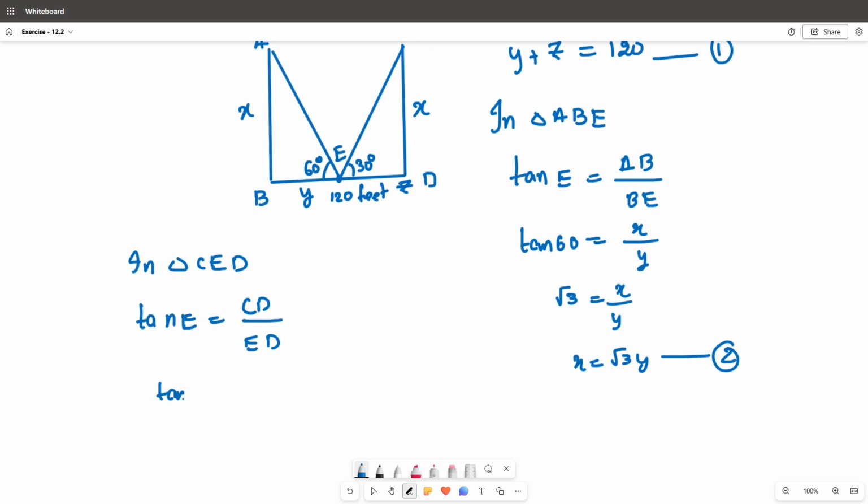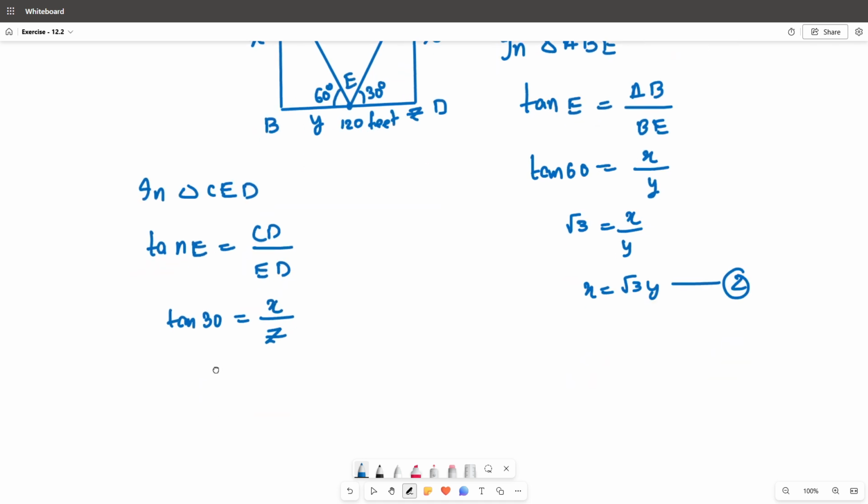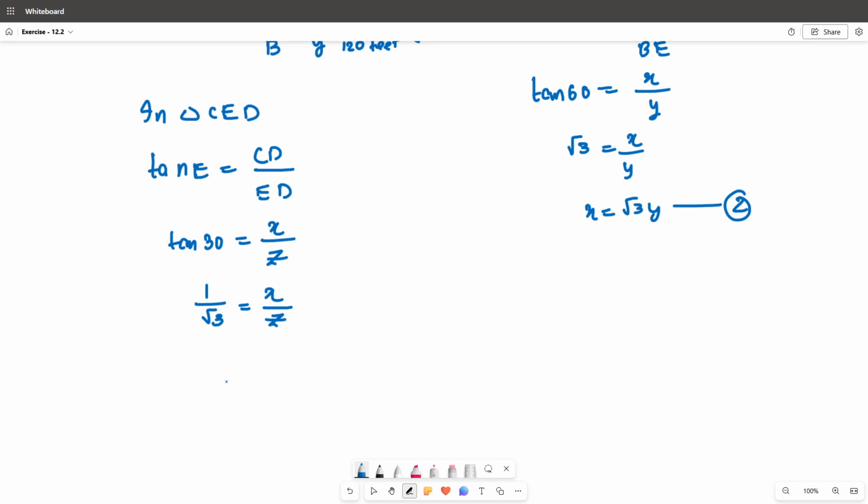So we have tan 30 is equal to CD, which is x, by ED, which is z. Now tan 30 equals 1 by root 3. So 1 by root 3 is equal to x by z, and if I bring z to the left hand side, I would get x equal to z by root 3. Let this be the third equation.